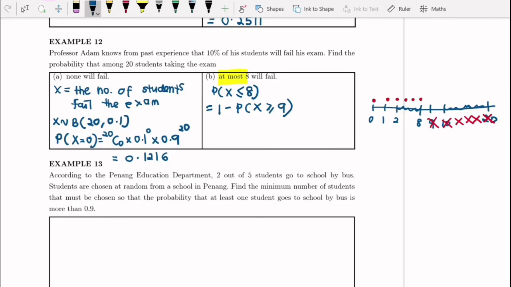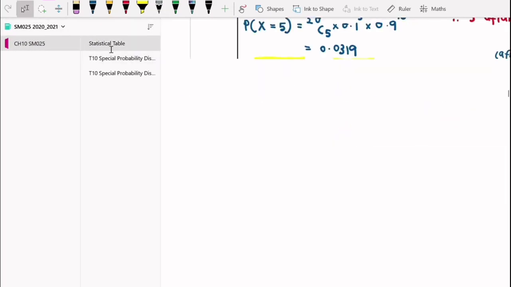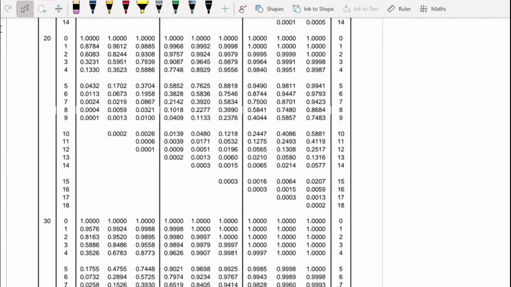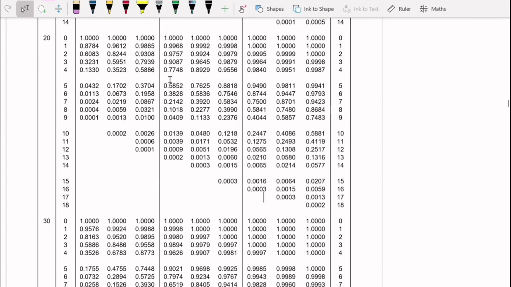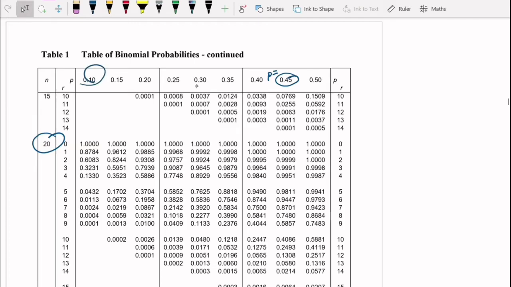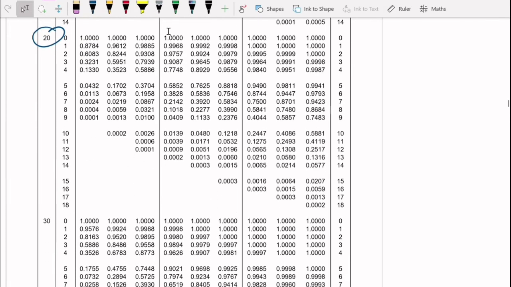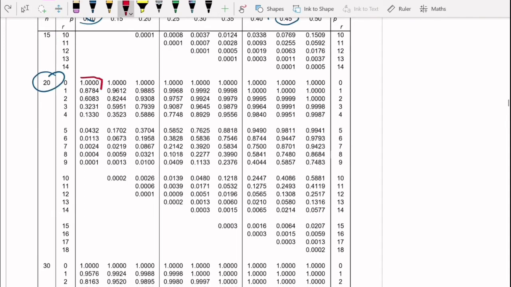Now let's look at the binomial table with n equals 20, p equals 0.1. Again, page 7, n equals 20, p equals 0.1 here. So we will focus on this column. Probability x greater than or equal to 9 is here.